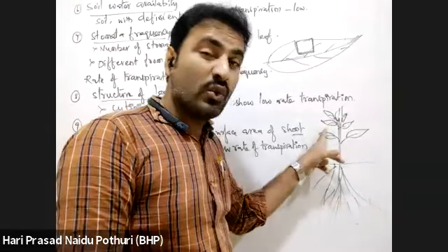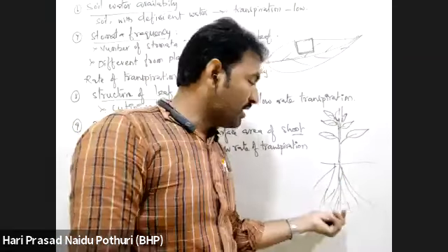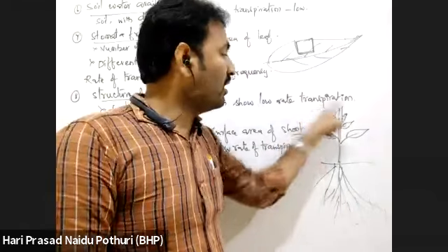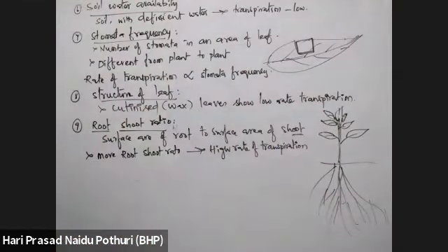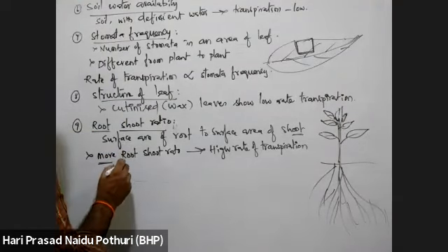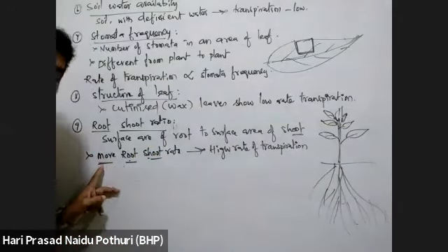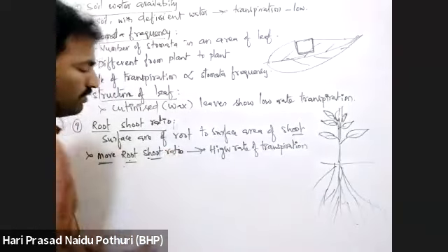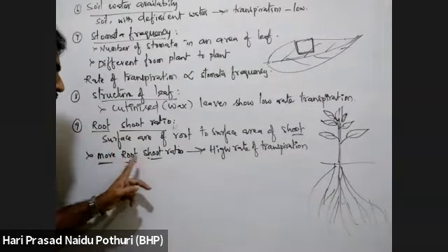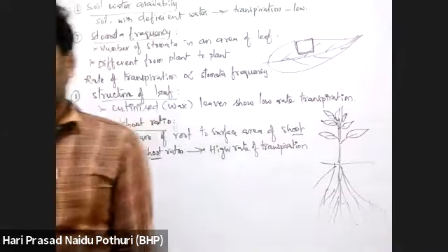And shoot is less means rate of photosynthesis is less. That means they are absorbing more water and use of water in photosynthesis is less. So that there is more transpiration. If less root shoot ratio, lesser root shoot ratio has lesser rate of transpiration.